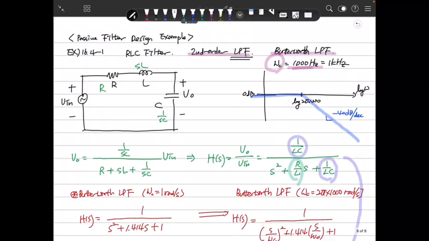So if you design R as 2251 ohm, L as 0.253 Henry, and the capacitor as 0.1 microfarad, then this system is a second-order Butterworth low-pass filter whose cutoff frequency is 1 kHz.